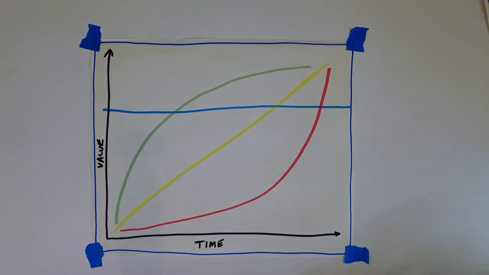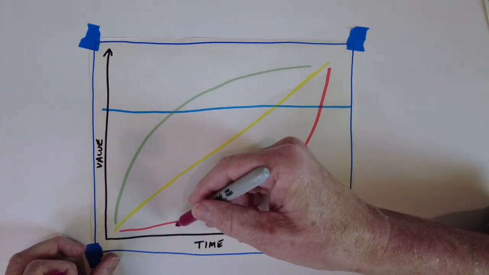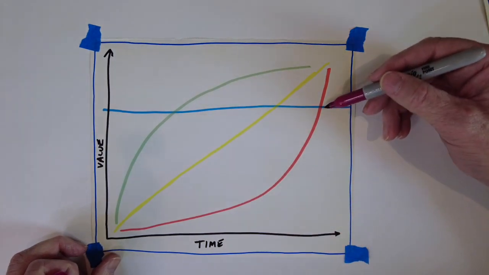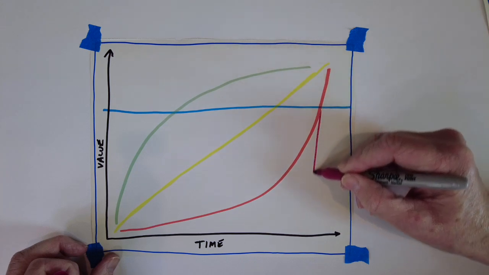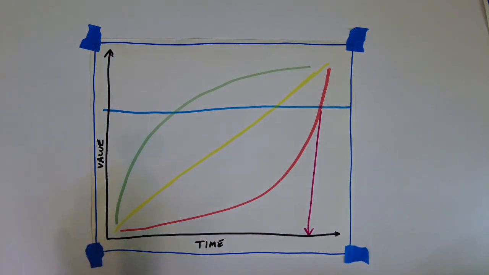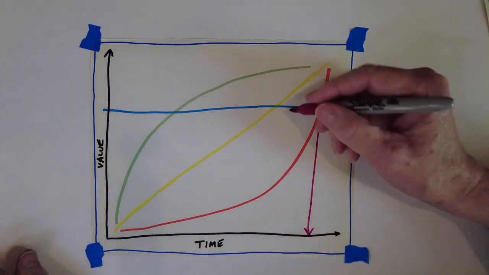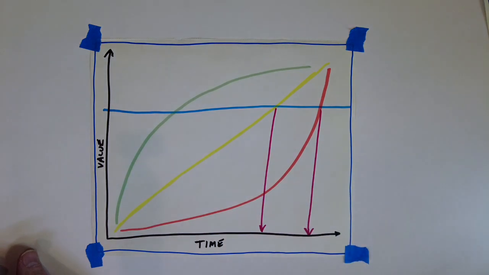If you notice, if we were to build things in the order of easiest first and only integrate or test at the end, it's going to take this long to get to the minimum value. If we built things in random order and didn't prioritize at all, it's going to take this long to get to that minimum value.